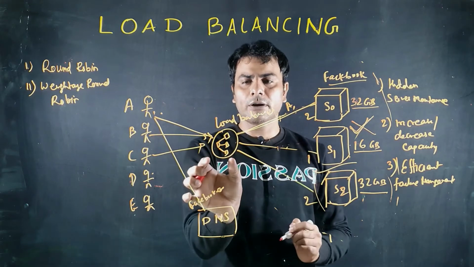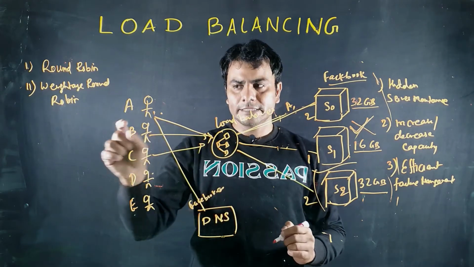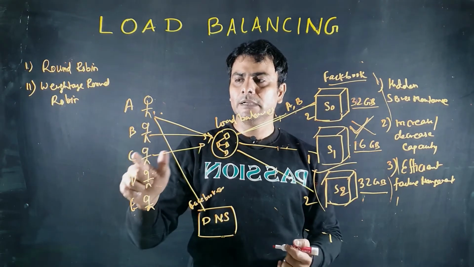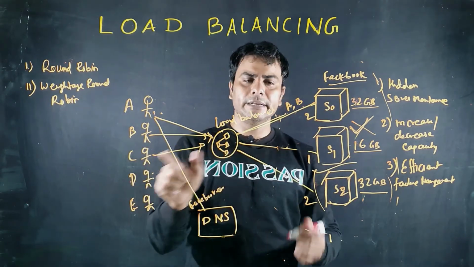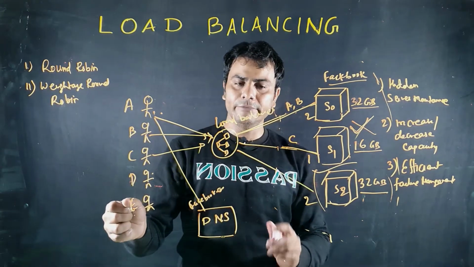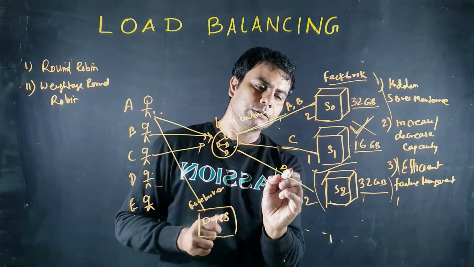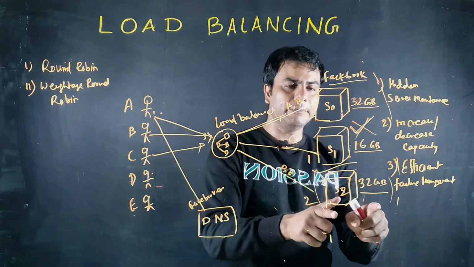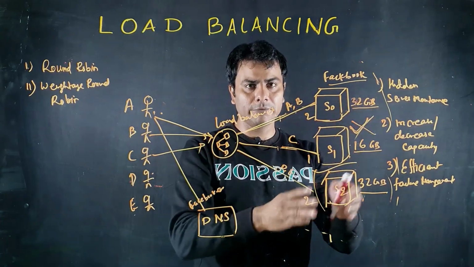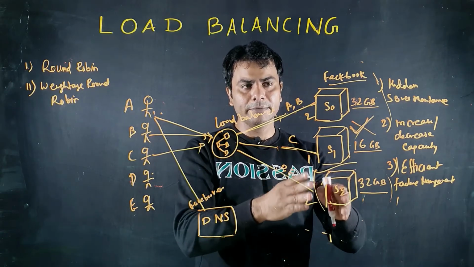The weighted round robin load balancer will distribute the load of B to the S0 only. The next request, C, the load balancer will redirect to S1 and then D and E will be redirected to S2 because this has more capacity than this one. So in that case, we can utilize the servers well and chances of failure will be very, very less.